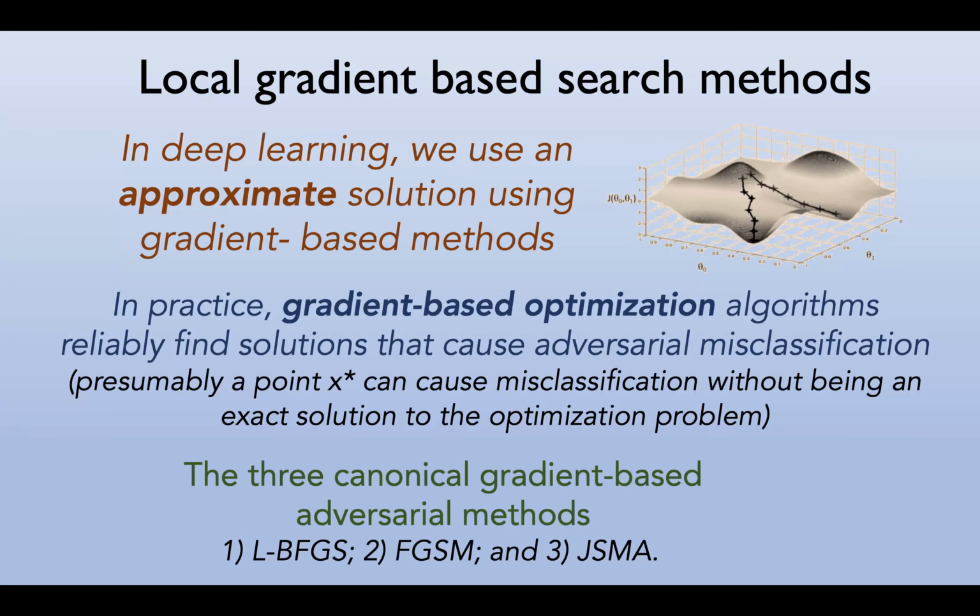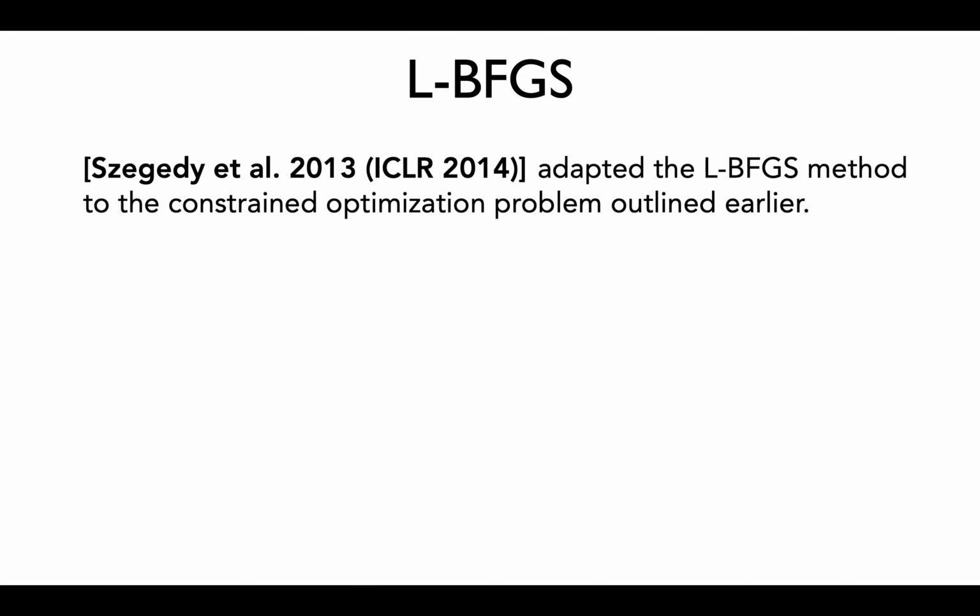It's common to use gradient-based methods for crafting adversarial examples, and we will just see 3 of these. The first one we shall see is LBFGS, which was the first one, and then FGSM was proposed, which is a very simple method, and then there is the JSMA method, which is another gradient-based method, but it uses a different L norm.